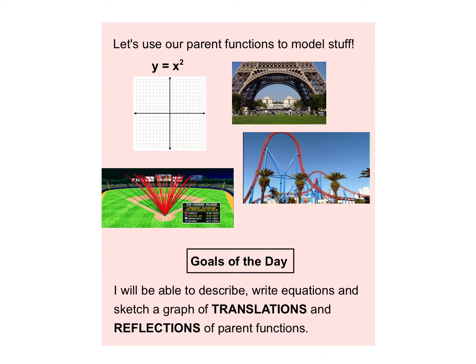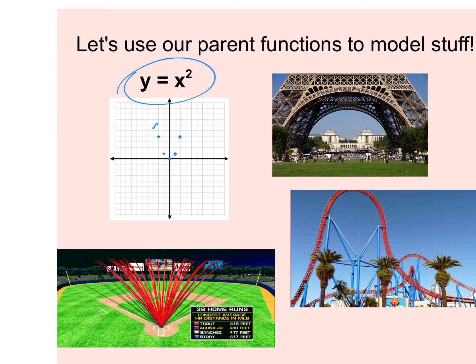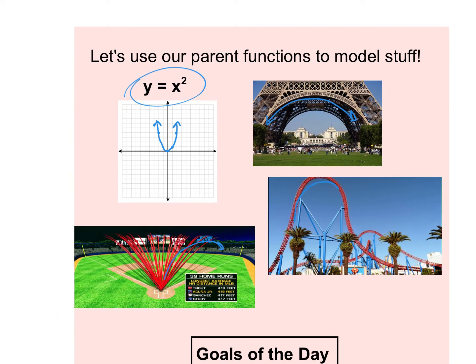So our ultimate goal in Unit 5 is to be able to transform parent functions into things that can model real stuff. If I take a look at my parent function, y equals x squared, that's my quadratic that has the shape of a parabola. This shape can be transformed to model things like the path of a baseball when a home run is hit, or an arch like in the Eiffel Tower, or maybe a nice curve within a roller coaster.